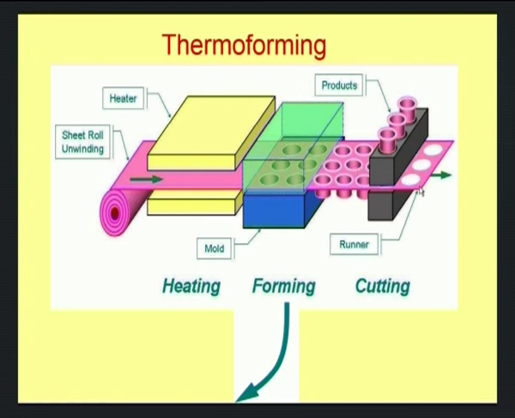Then this is what is called the skeleton or the runner, and this is the actual product. The actual product will get collected at the stack, and then this runner has to be trimmed off and recycled. Now, what happens in this mold, which is the main focus of the thermoforming process, is nothing but the forming. So, we will see this forming process in the next slide.